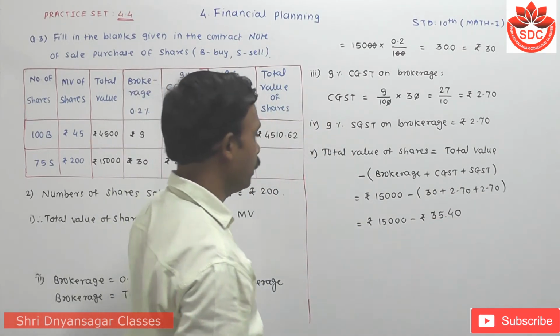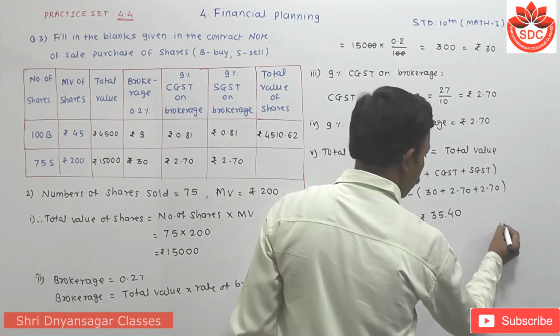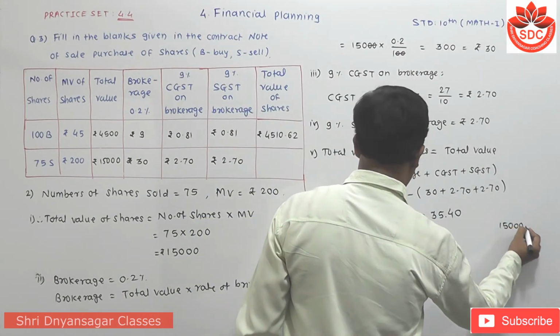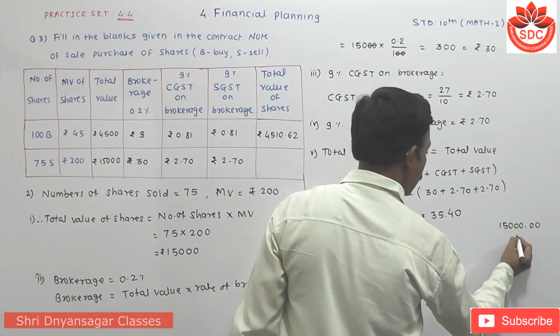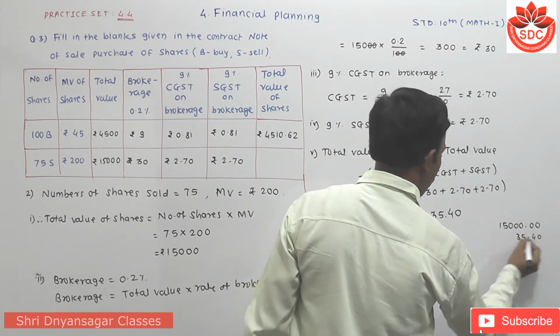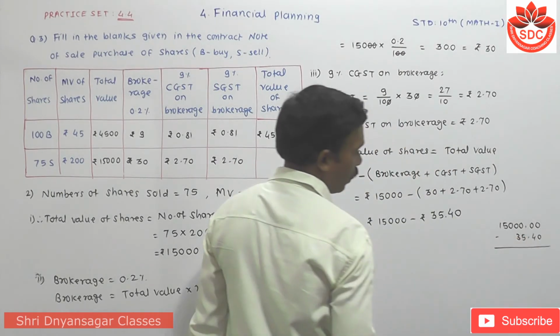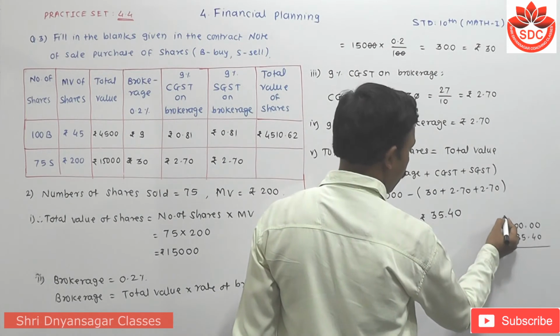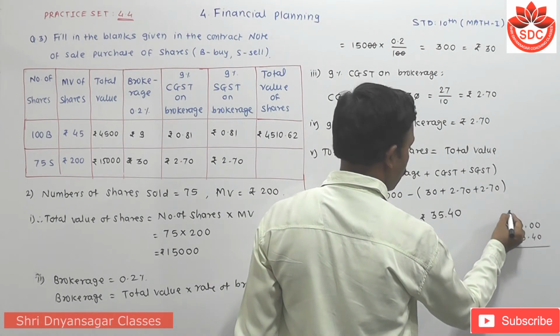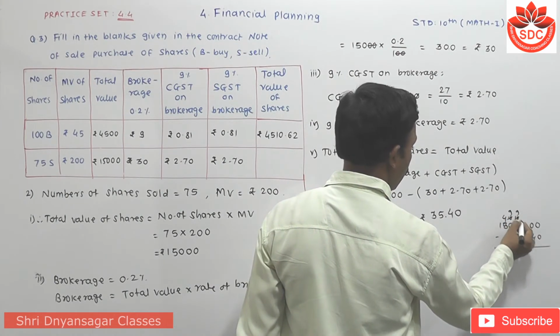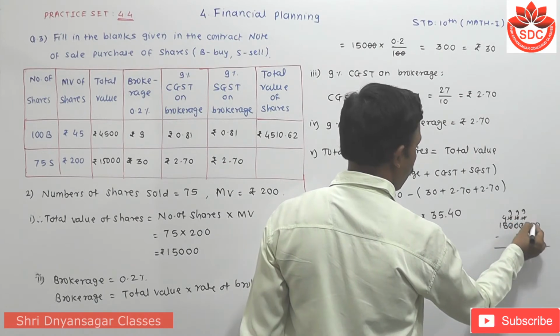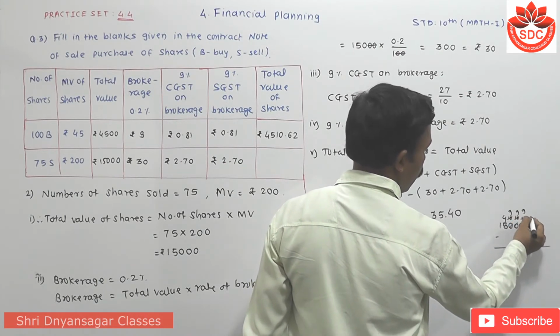Now student, I have to do this subtraction here, 15,000.00 minus 35.40. We have to take carry from here, here is 4, here is 10, here is 9, here is 10, here is 9, here is 10, here is 9, here is 10.